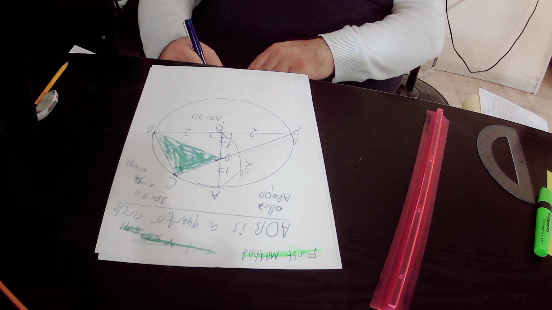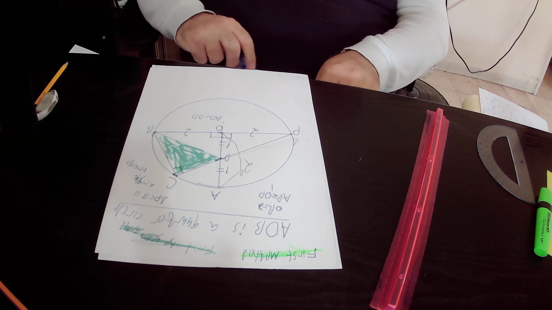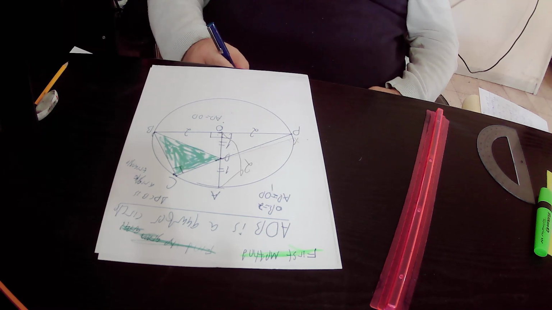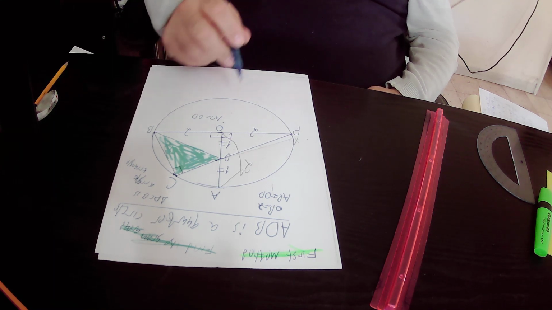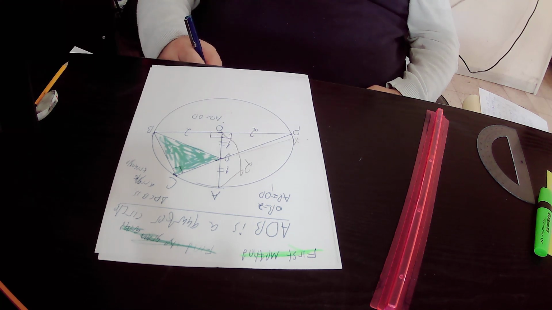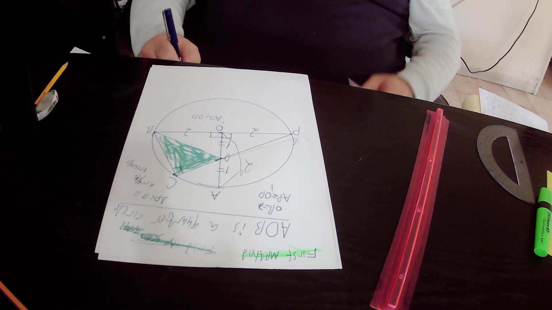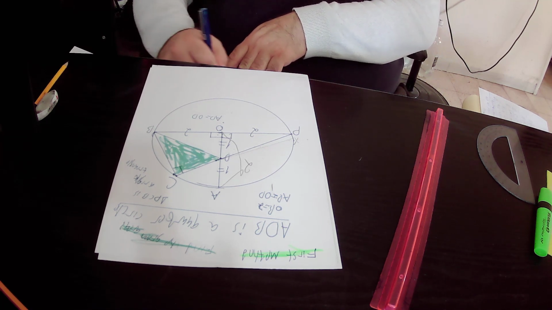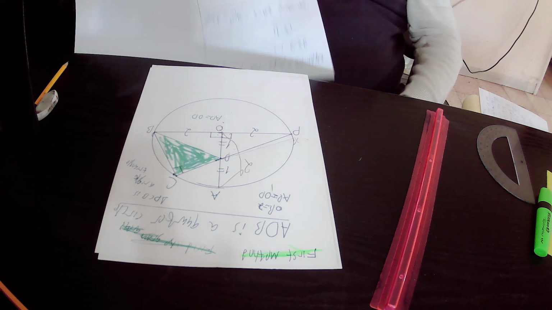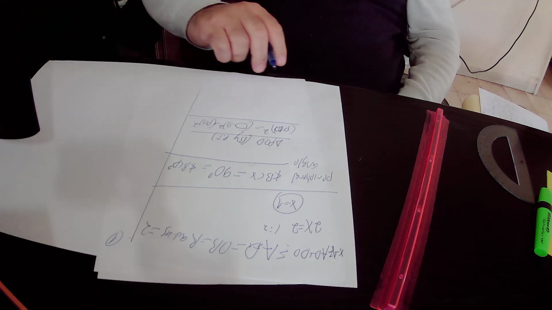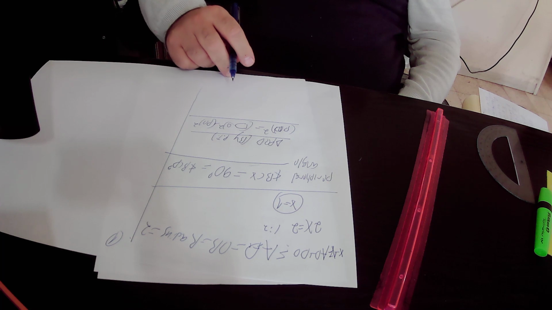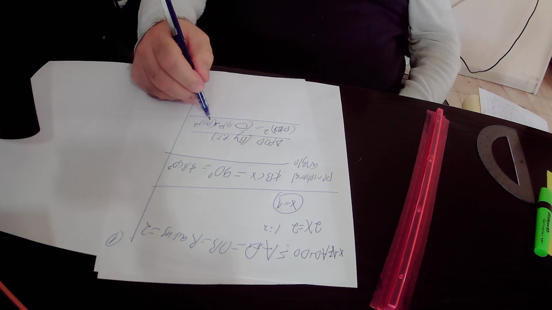So in the right triangle POD, by the Pythagoras theorem, PD squared equals DO squared plus PO squared. I repeat again, in the right triangle POD, PD square must be equal to DO square plus PO square according to the Pythagoras theorem.